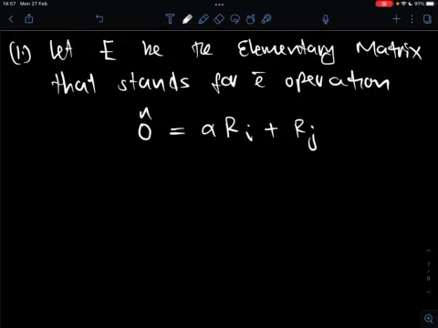You see that? So let E be the elementary matrix that stands for the operation O, such that O is defined as follows. O takes a multiple of row i and adds it to row j.